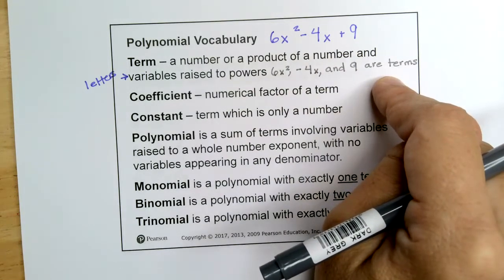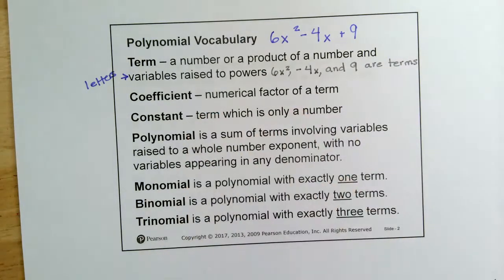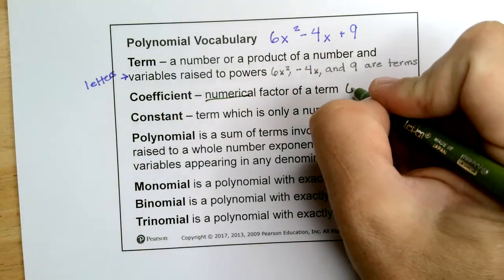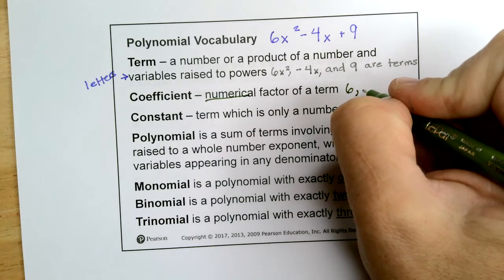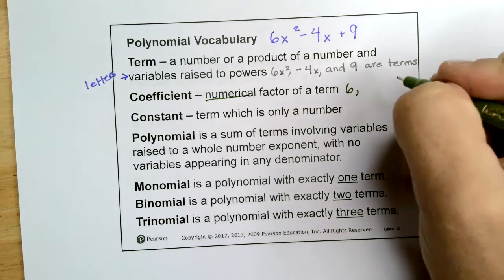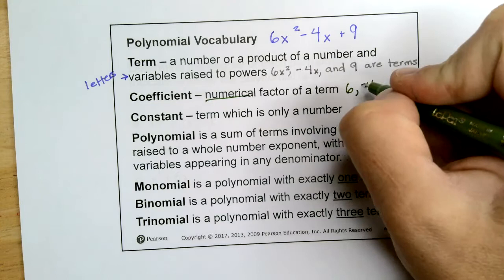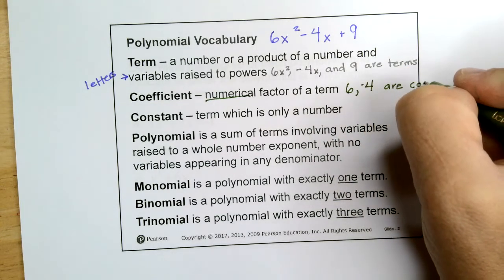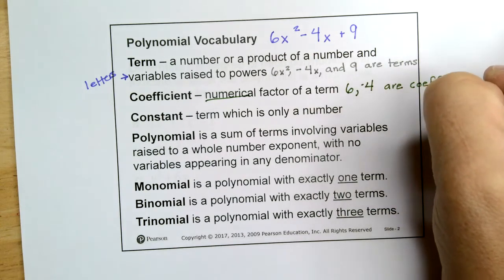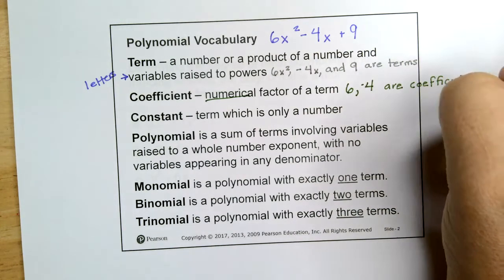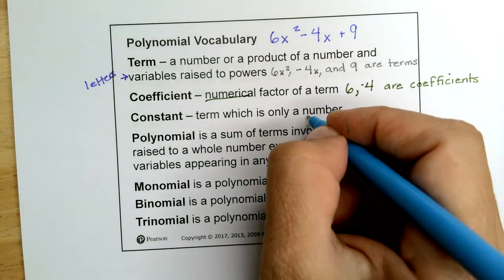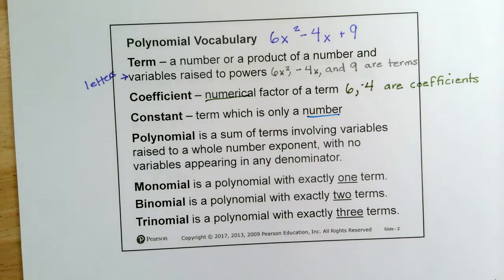The coefficients are the numerical factors of a term. It sounds difficult, but they're just the numbers. So 6 and negative 4 are coefficients.